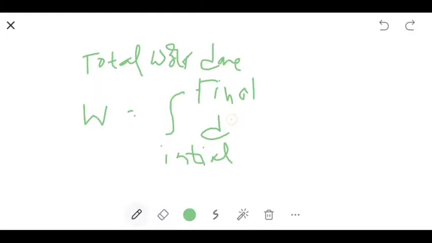The differential work done is minus QE dl, so we substitute it: integral from initial to final of minus QE dl.